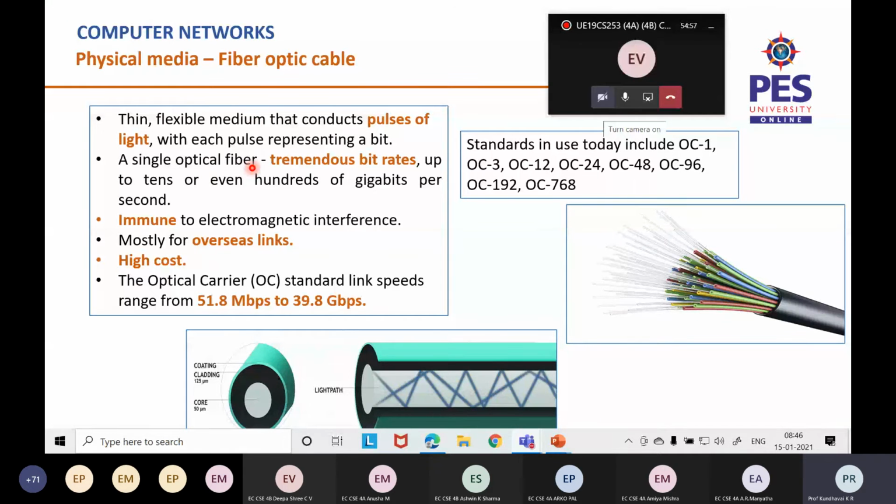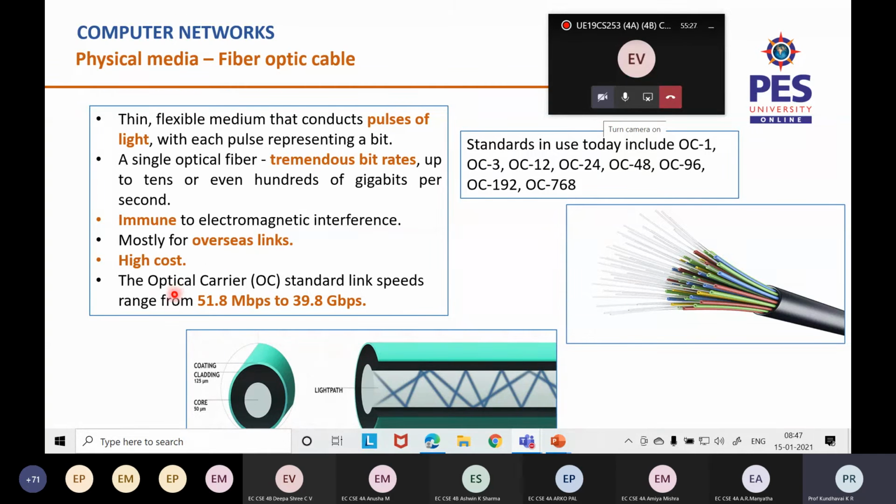The data rates are tremendous. It can be up to tens or even hundreds of gigabits per second. I'm talking about per second. All right. So it's immune to electromagnetic interference. Mostly it's used for overseas links, as I mentioned. It's expensive.